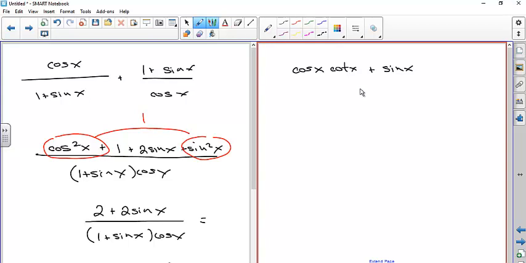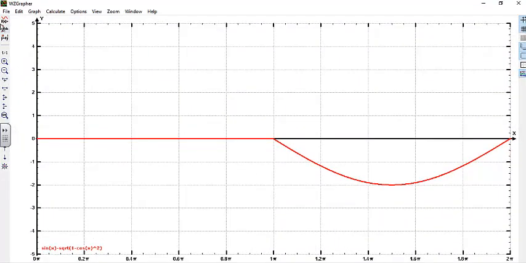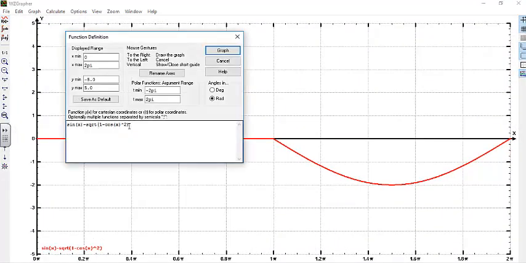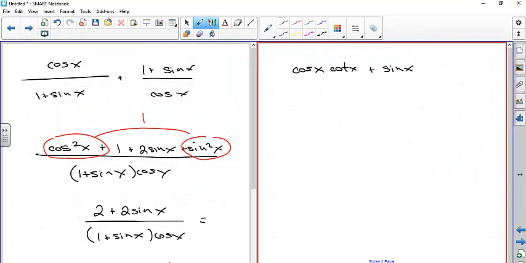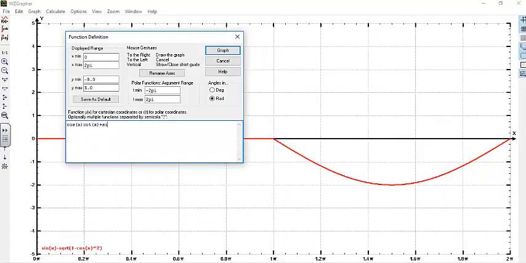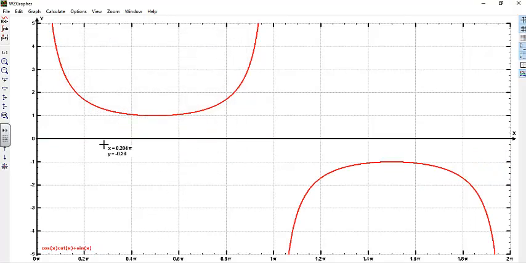If you want to verify this thing graphically, what you would do is plot the function, which is cosine of x, cotangent of x, I think that's what it was, plus sine x. And you plot it between 0 and 2 pi, and it looks like that. So that is the cosecant function.